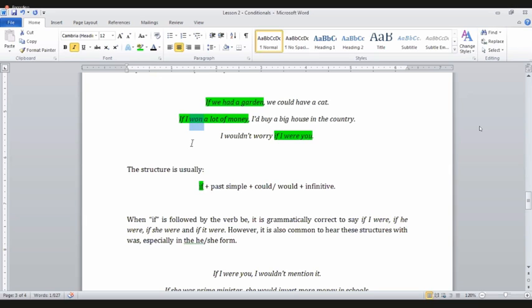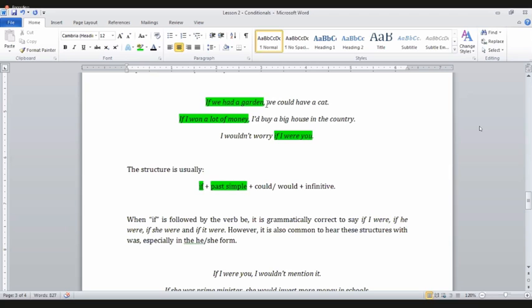So this is simple past. And look at the third clause: if is there, I is there, and were. Here the simple past of am/is is were. So we have the simple past. So the structure is if plus past simple. That is the tense of the if clause, right?